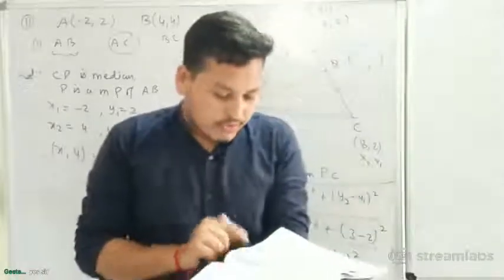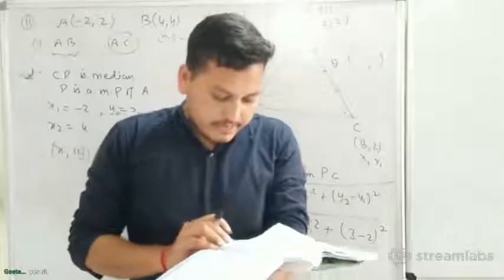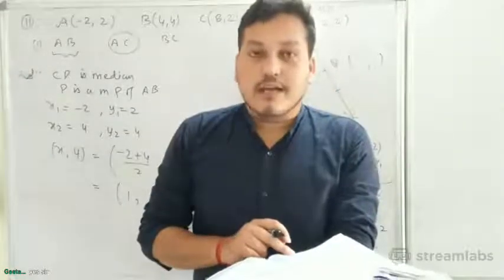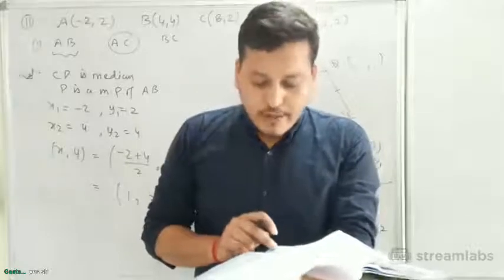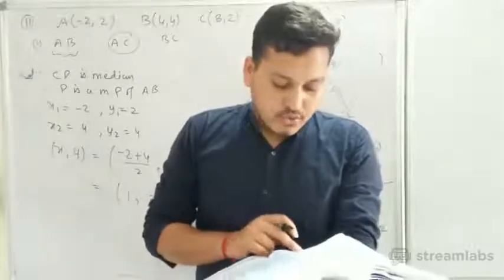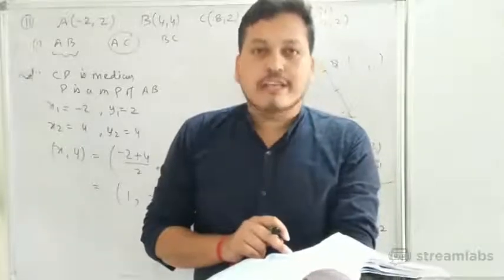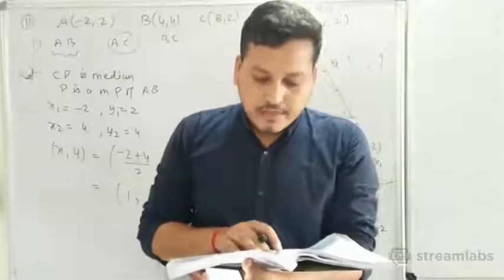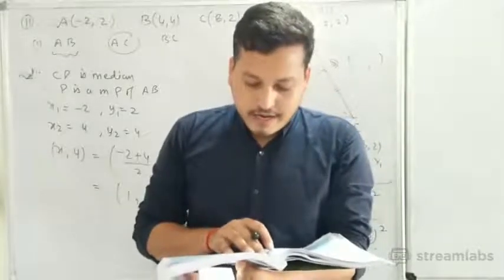Question number 12 is your homework. Next, question number 13 is also your homework. The midpoint is given here: x1 is 2, y1 is p, x2 is q, y2 is 4, and the midpoint is (3, 5). So please try to solve question numbers 12 and 13.